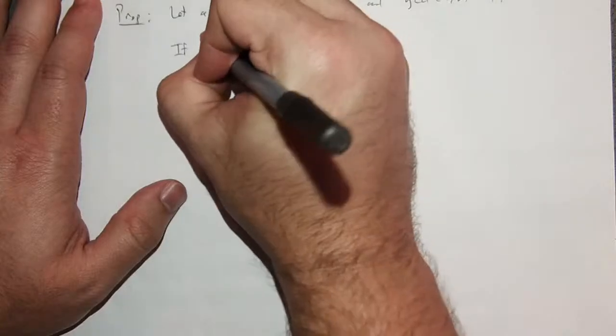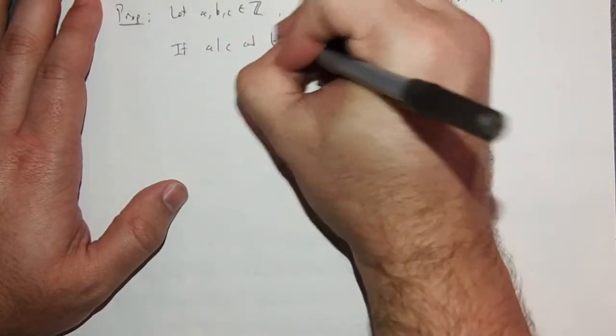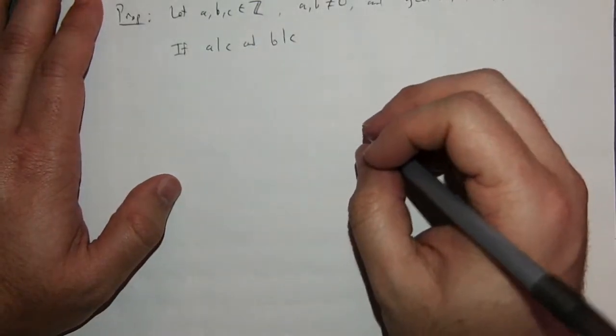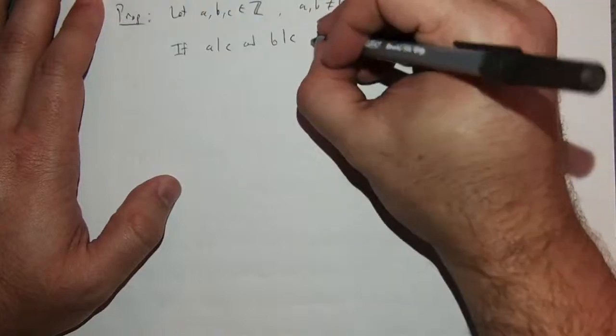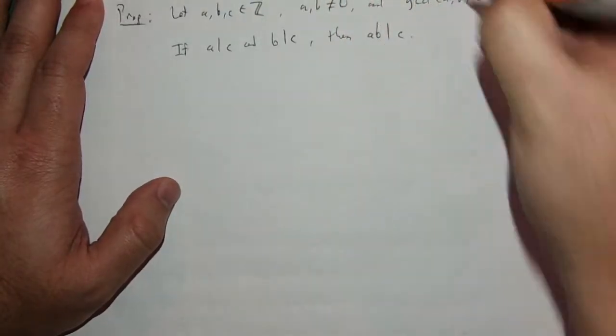Then if A divides C and B divides C, then AB divides C.